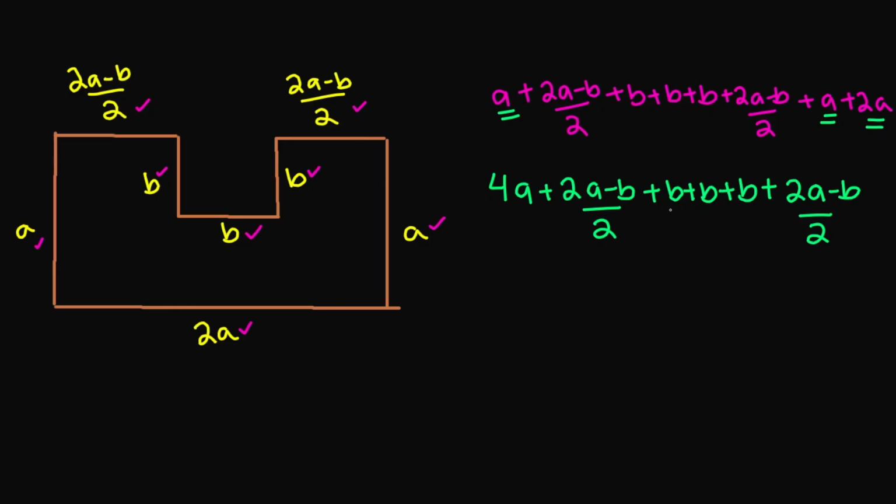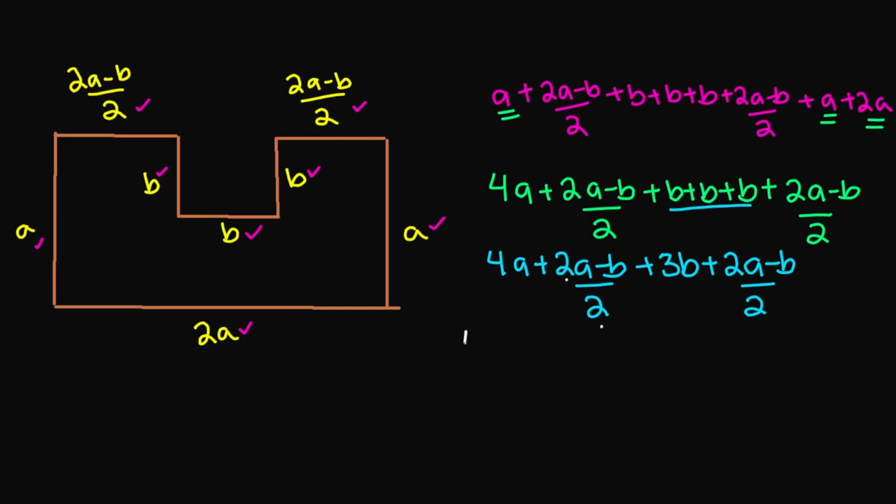Now we're going to combine our B's here. So we have 4A plus 2A minus B over 2 plus 3B plus 2A minus B over 2 again.